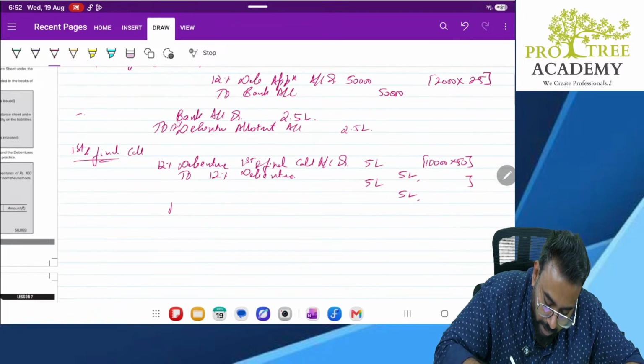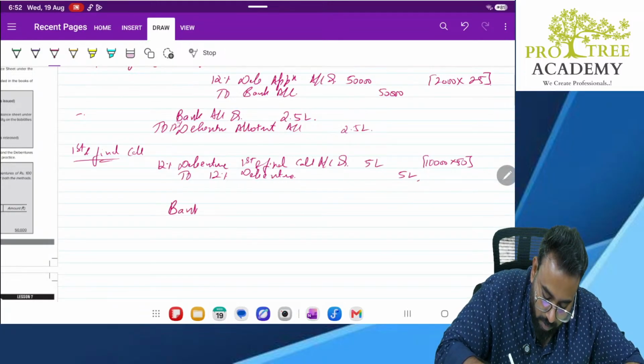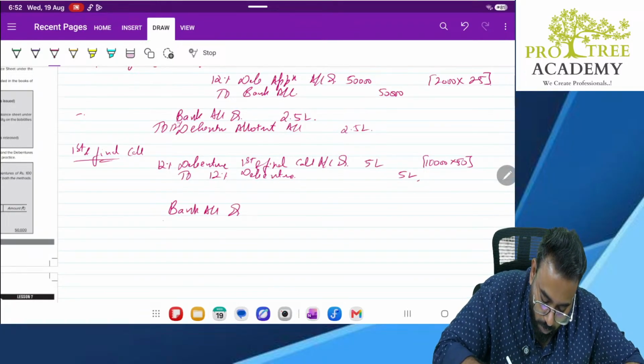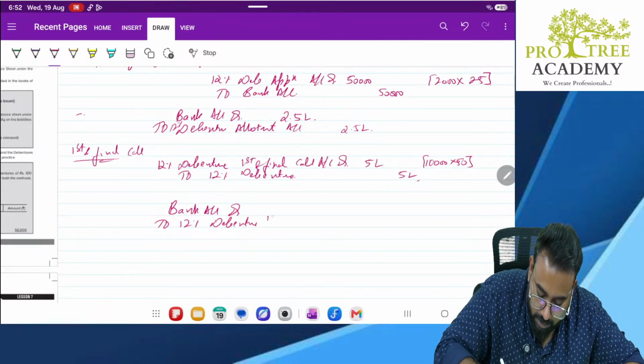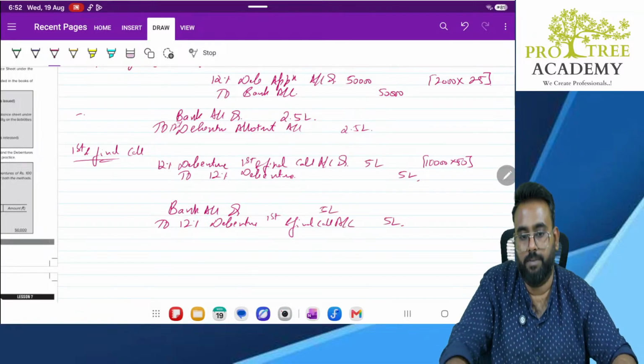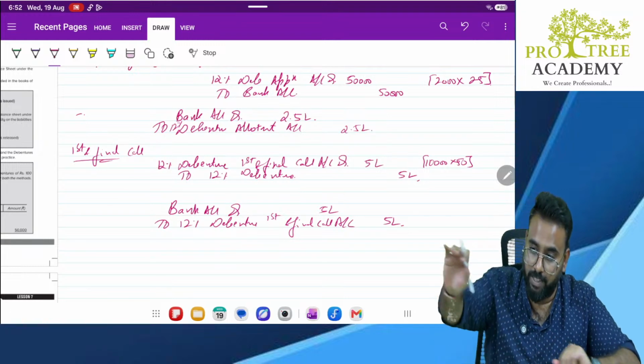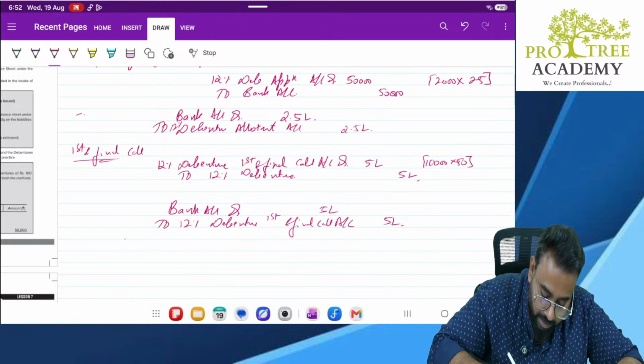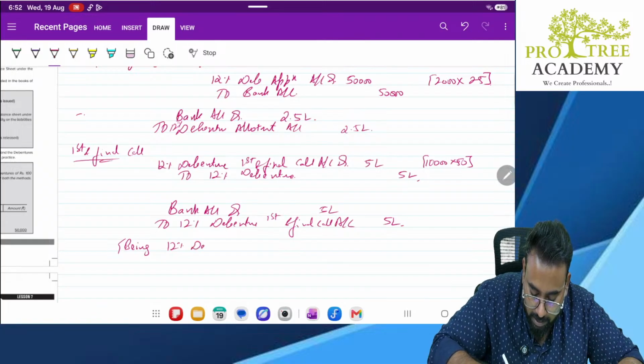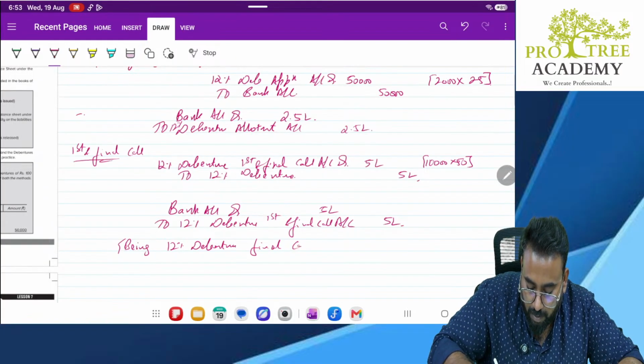Next, when we receive the money in the bank account, debit bank to 12% debenture first and final call account, 5 lakhs. Narrations are important. I am not writing the narrations, but you have to write the narration. What narration will you write? Being 12% debentures final call received.